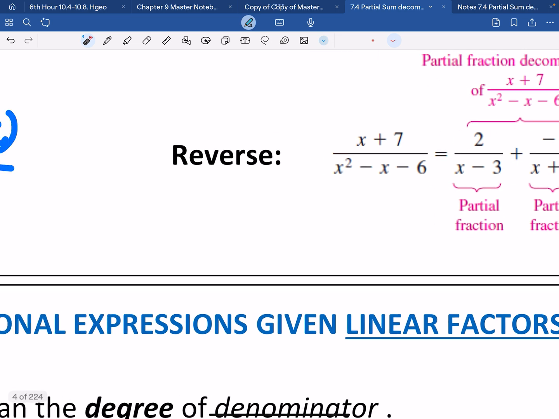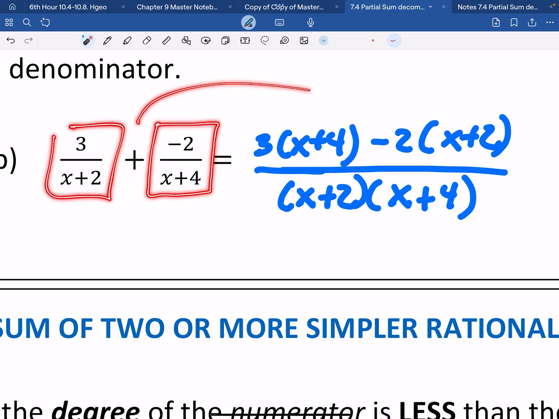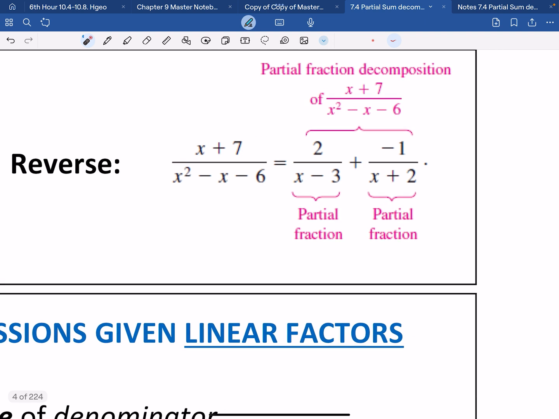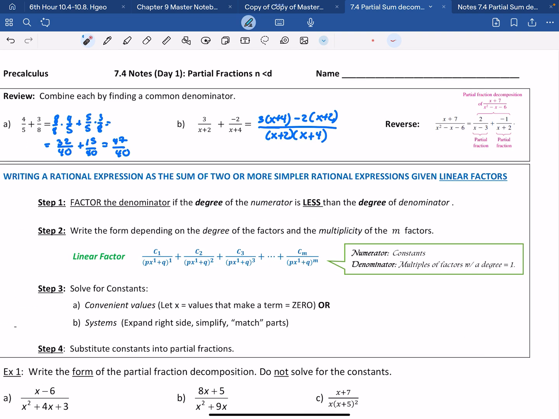If you go back to the other example, you had originally two partial fractions that we put together as one, and again this would simplify down at the end of the day. But this over here is exactly what we're going to be doing. We're going to be starting with the combined fraction and trying to find those two numbers. So we're reversing the whole process.